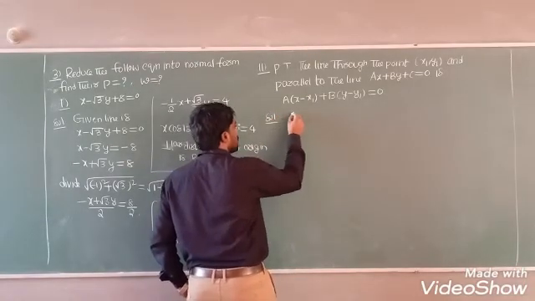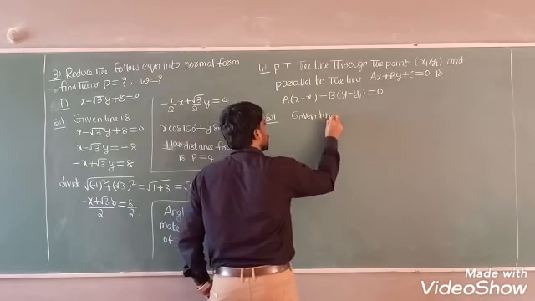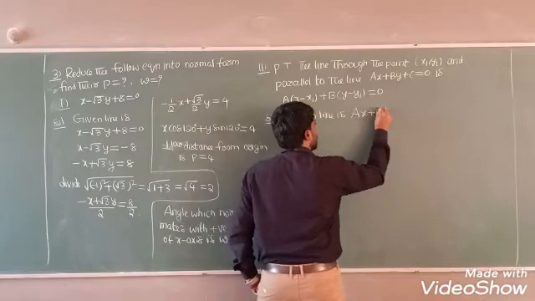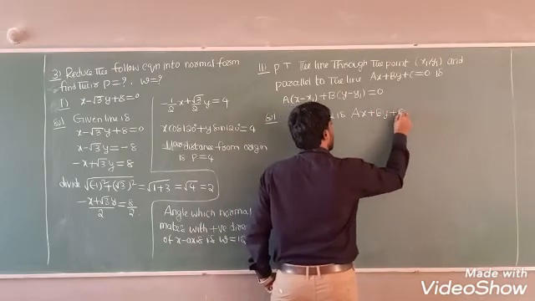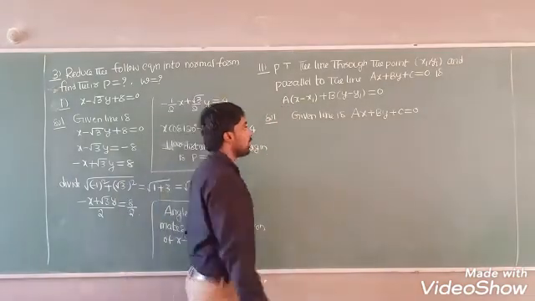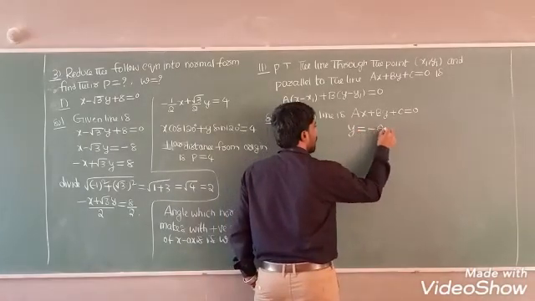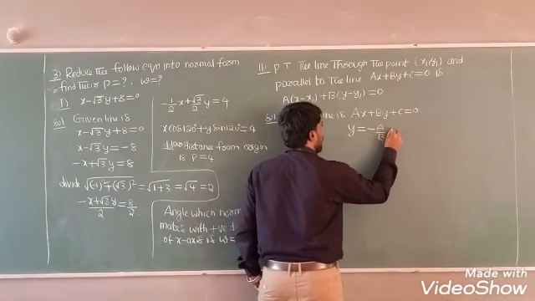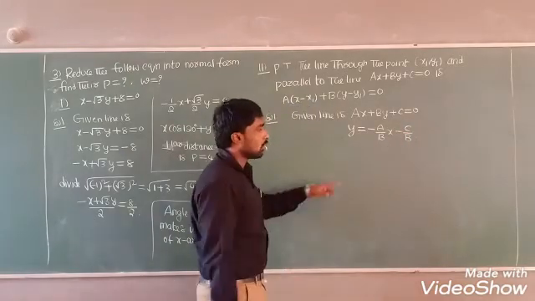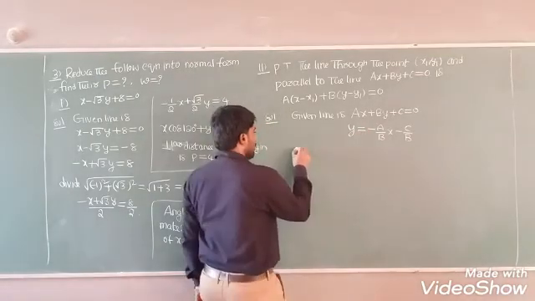The given line is ax plus by plus c equal to 0. This I have to convert into slope intercept form. If I convert it, I get y equal to minus a by b into x minus c by b. This looks like the y equal to mx plus c representation. So what is the slope of the line?